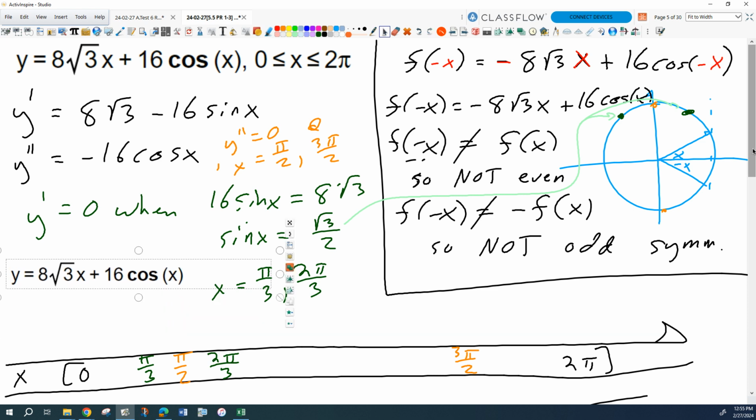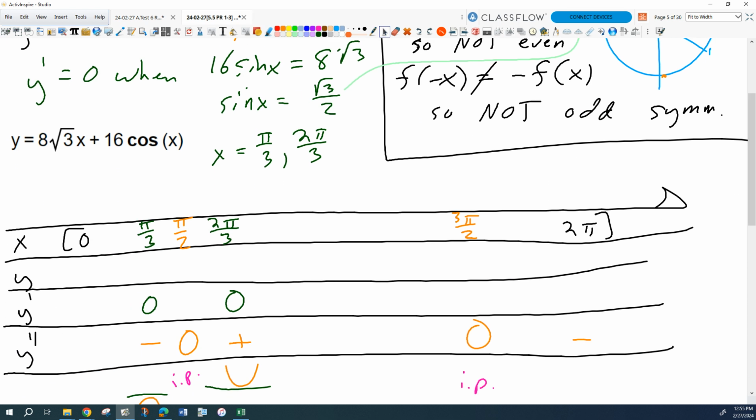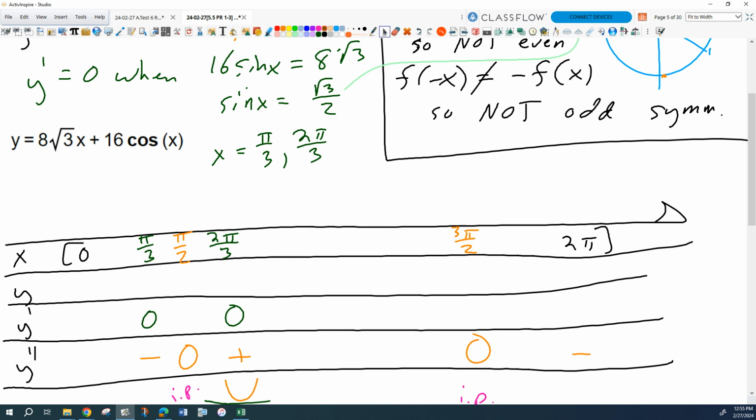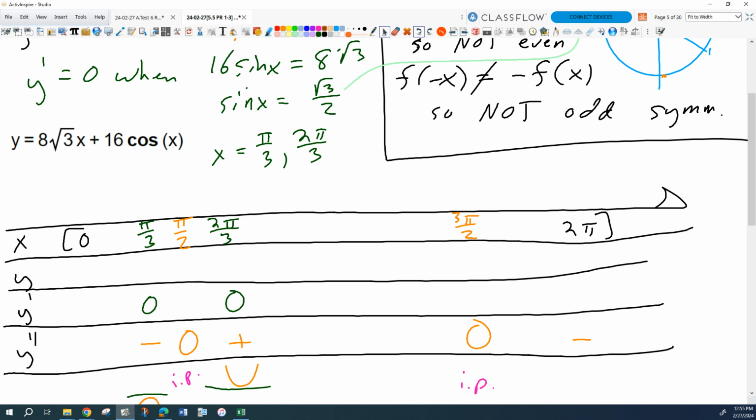Let's go ahead and evaluate this thing now. What's my function evaluated at 0? 16, right? So we get a value here of 16. There's an ordered pair. How about at pi thirds?